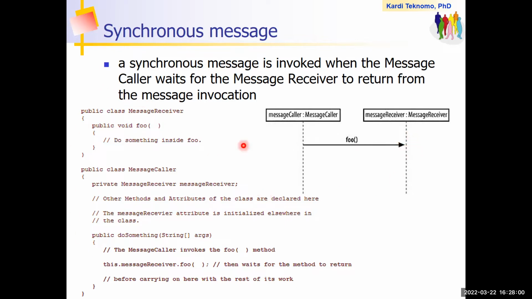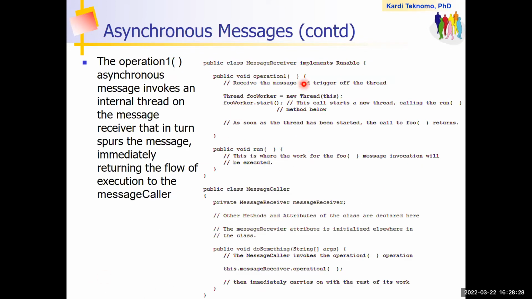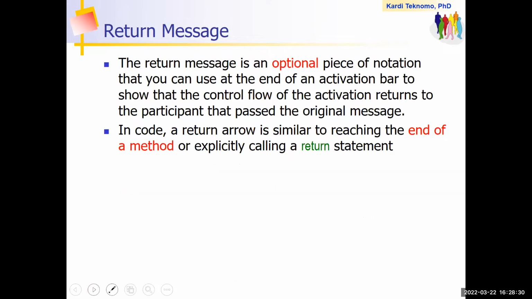This is the example in code, I used C, so this is the example in C. Asynchronous, meaning it does not wait. It can go in parallel. Yeah? An asynchronous message does not wait for the message to return the value. Okay, so it goes in parallel. Okay, this is the example of the code.